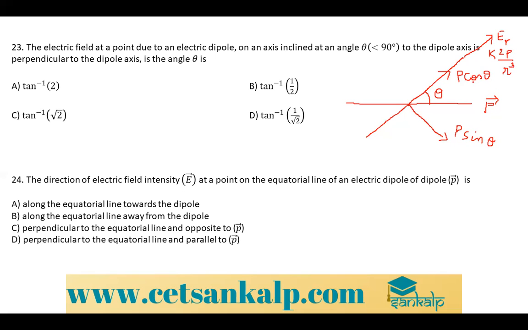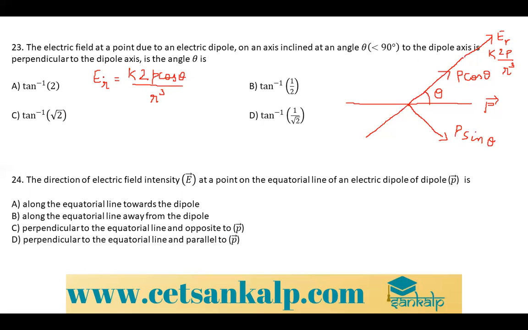But it is moving along this direction, and P can be taken as, okay, so I'll write it as ER. So ER is equal to K 2 P cos theta divided by R cube.